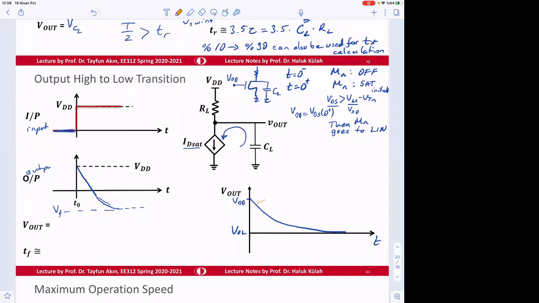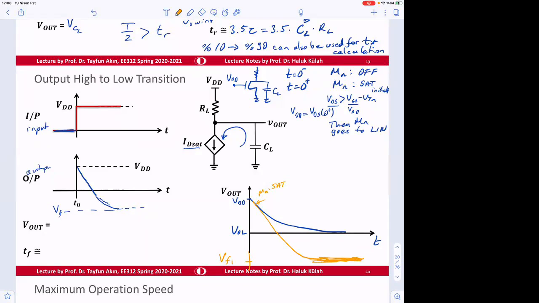So if we assume that, so here the transistor Mn is in SAT. So the discharge happens fast. So if we assume that this will be the case and then it will continue like this, this is what is going to be happening. Sorry, the drawing is so messed up. So this will be maybe the final one.